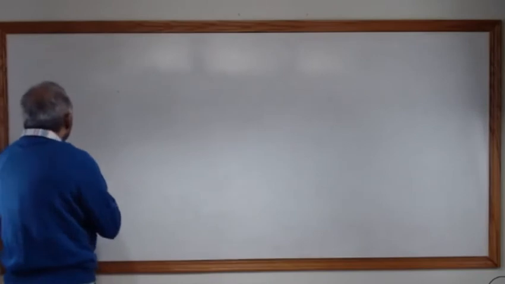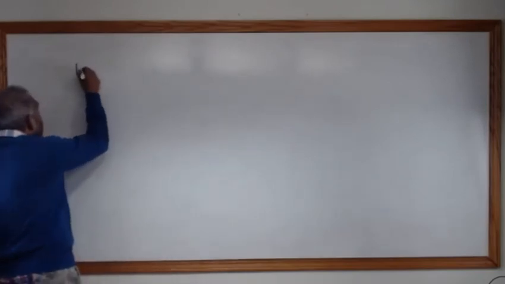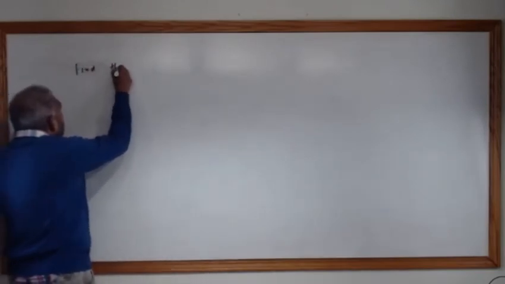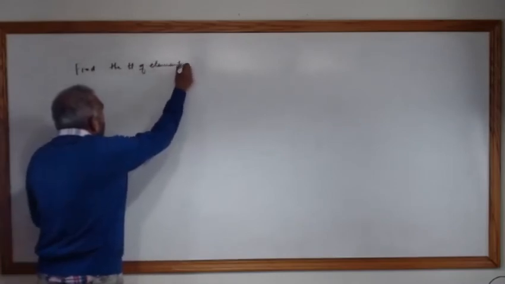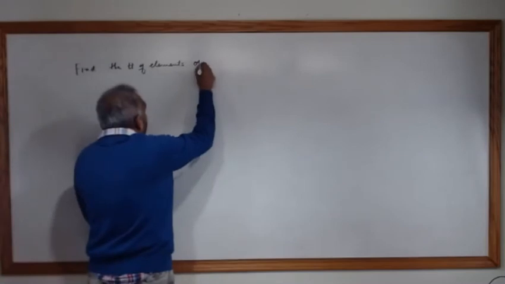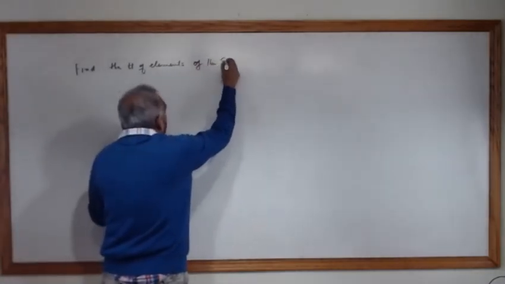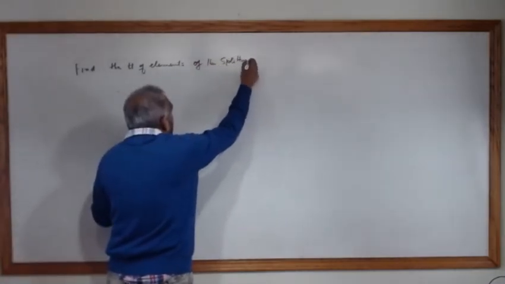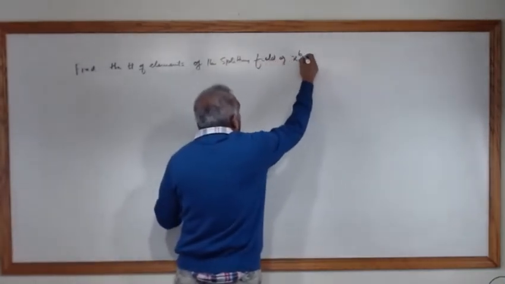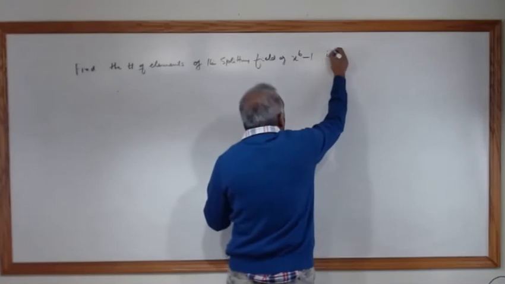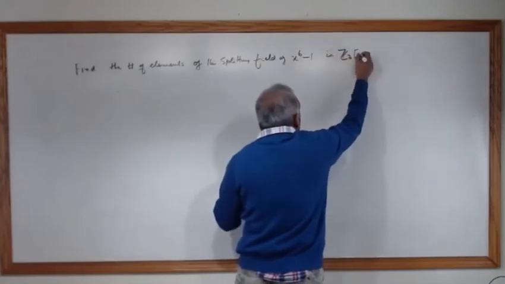We'll do another problem. Find the number of elements of the splitting field of x to the power of 6 minus 1 in Z3 of x.